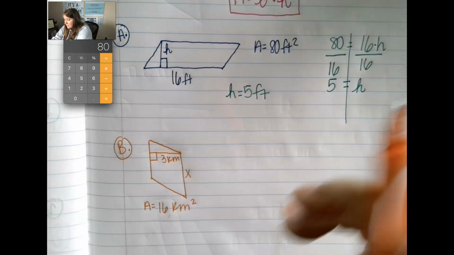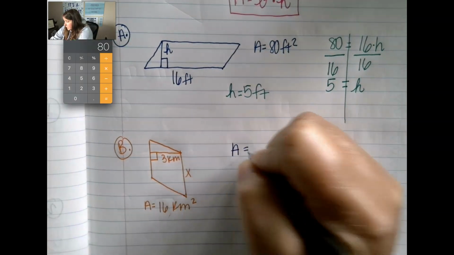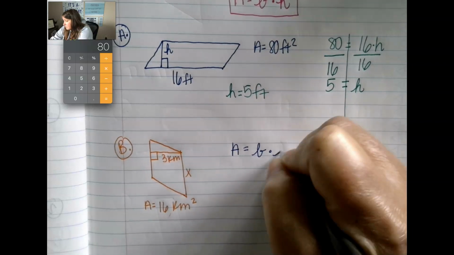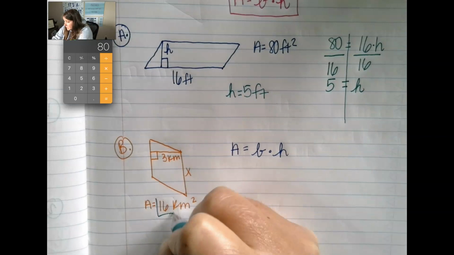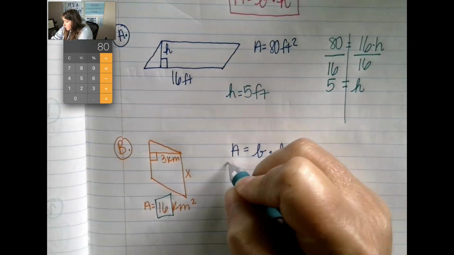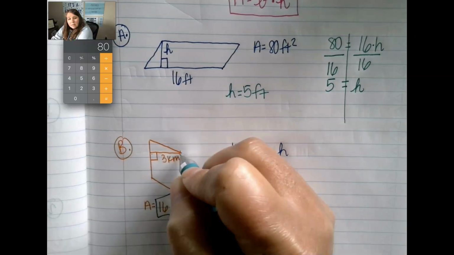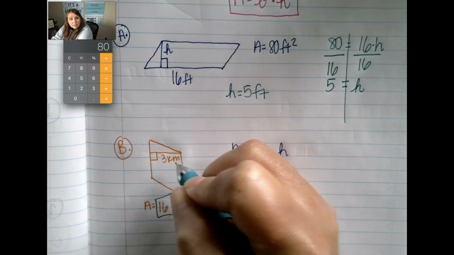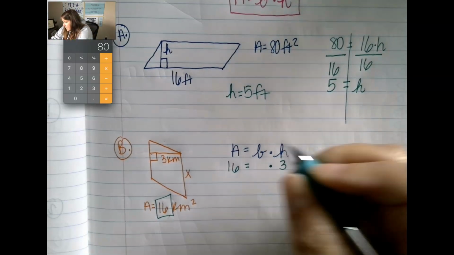Where I see this formula, area equals base times the height, I'm going to put in what I know. So I know 16 is the area, so where I see area, I'm going to put 16. The height here is on the right angle, so where I see height, I'm going to put a 3.